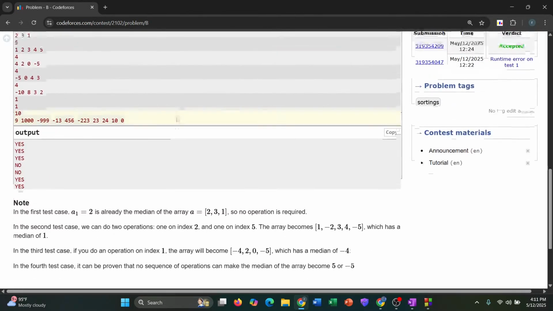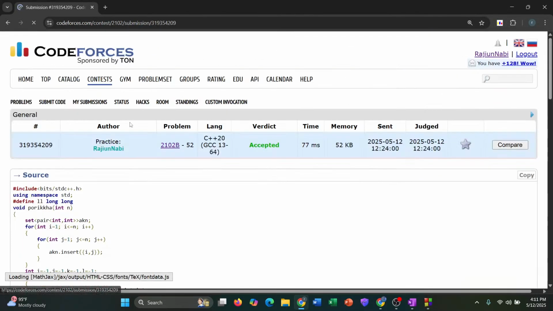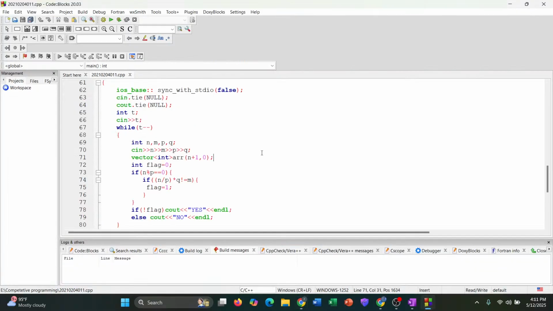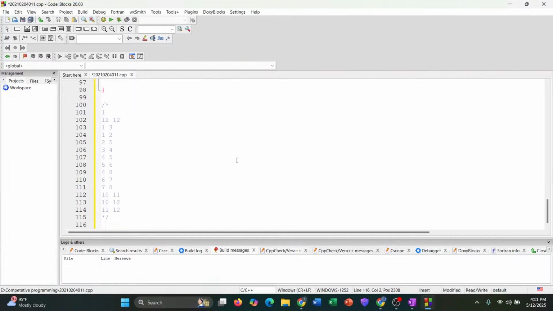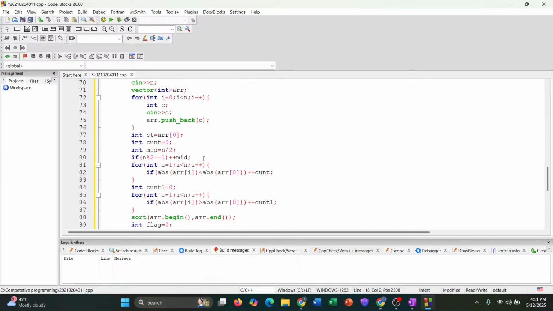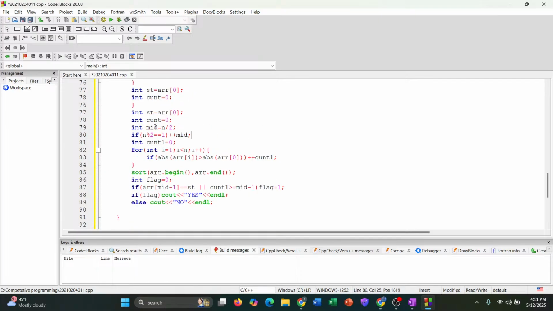Let me explain the code that I have written according to this logic. First we calculate the mid. If n is odd, then the mid will be incremented by 1.